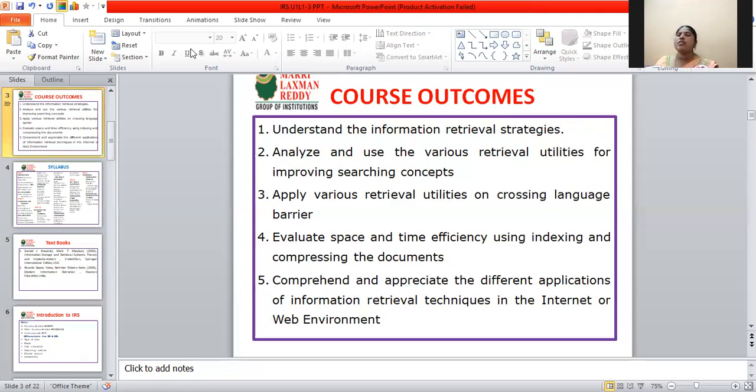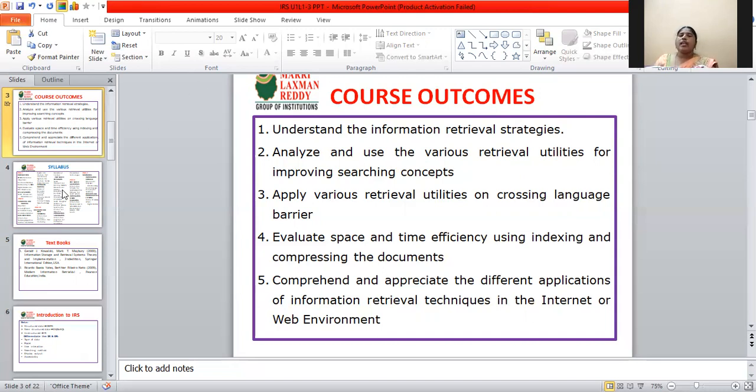Any user who wants any information keeps any sentence or any query in the text box in Google search, and it returns our needed information. Because of that, we appreciate the different applications of information retrieval techniques.